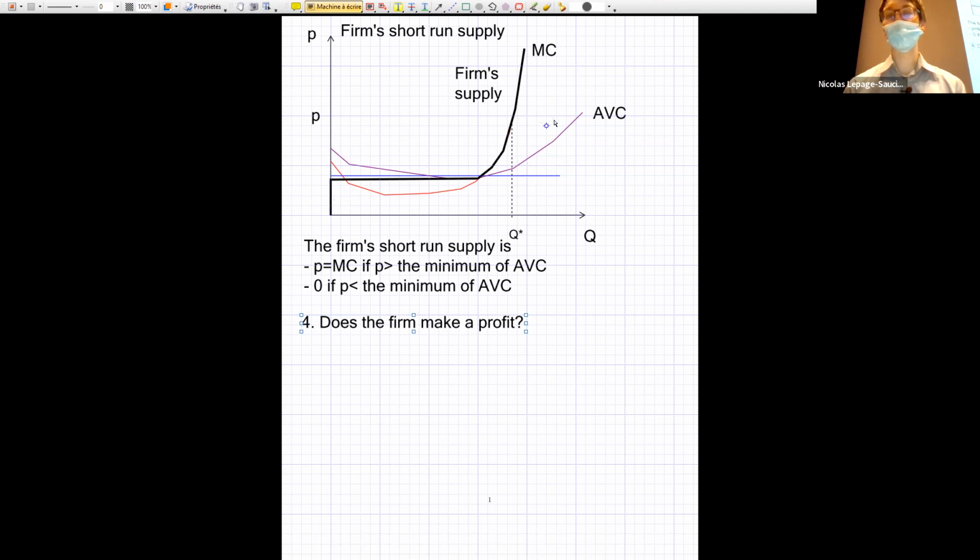Here, average variable cost just looks at how the costs change as a function of how much the firm produces. But to know if the firm makes a positive or negative profit in the end, we have to include all the costs. So the average cost, the average total cost. So let's do that.